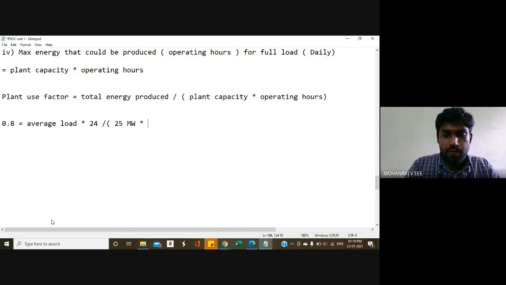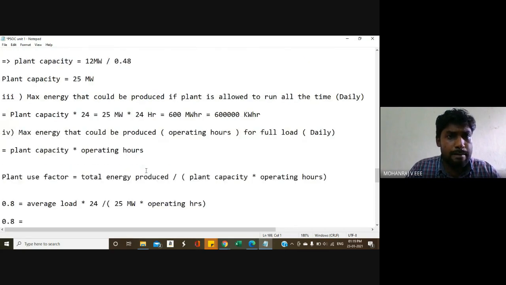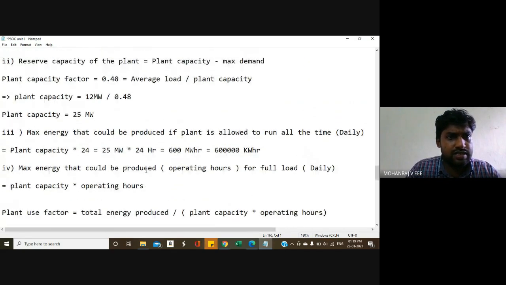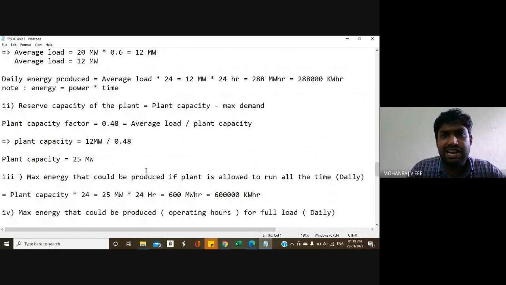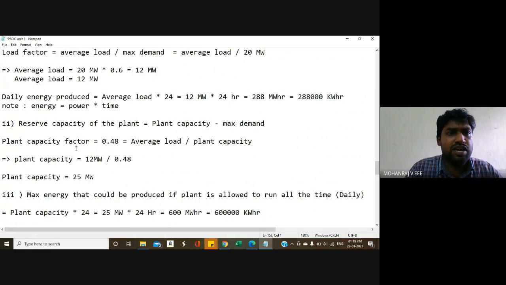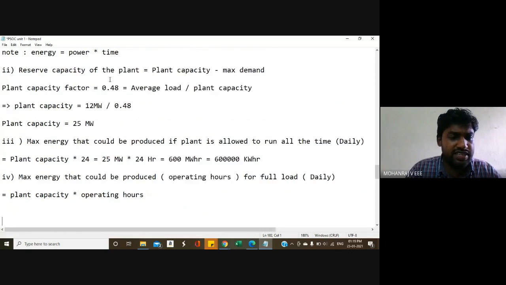What is the average load? We calculated it is 12 megawatt. Yes, average load is 12 megawatt.